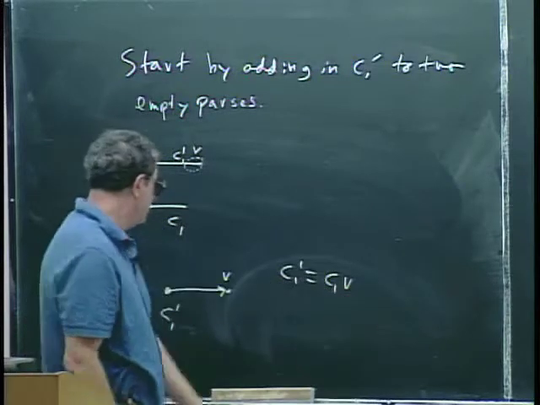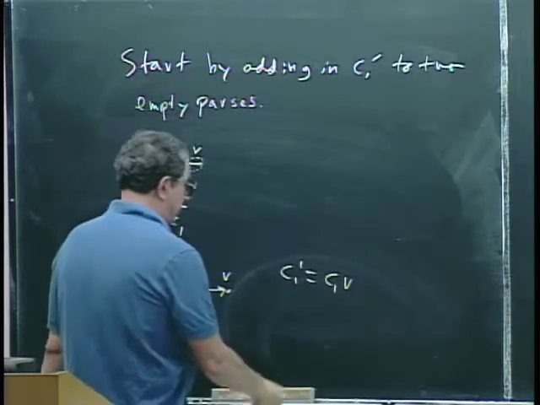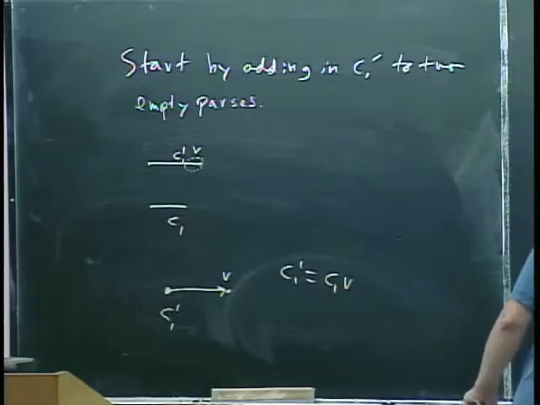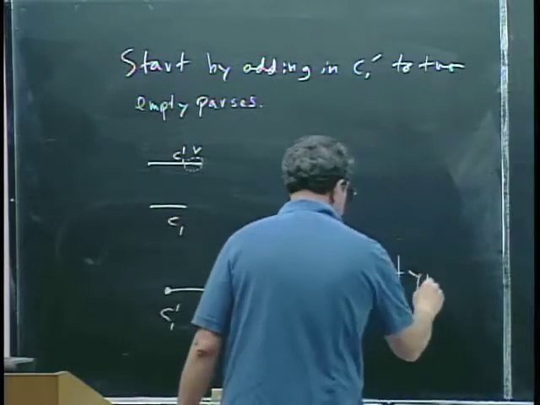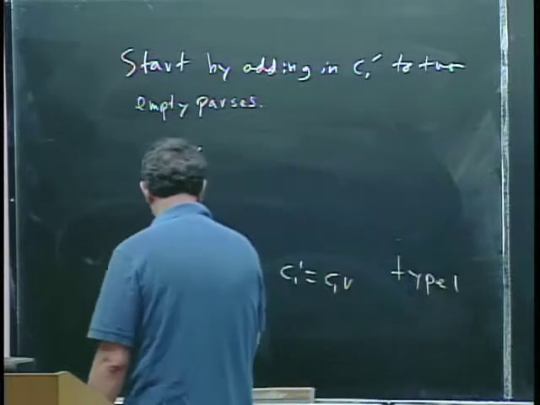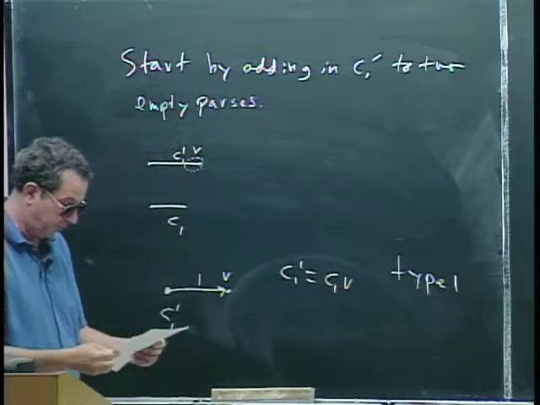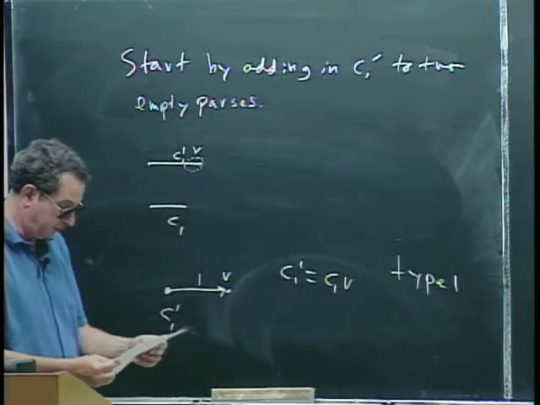So this edge looks like a type 1, going from C1 prime to V. Now in my notes, what do I have?